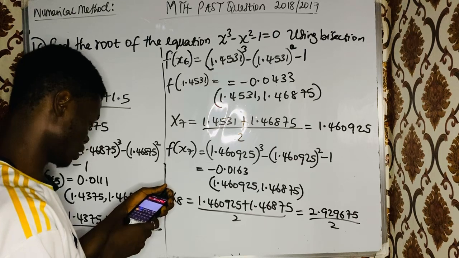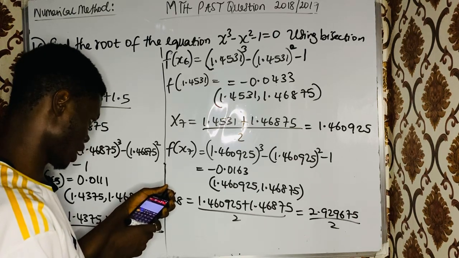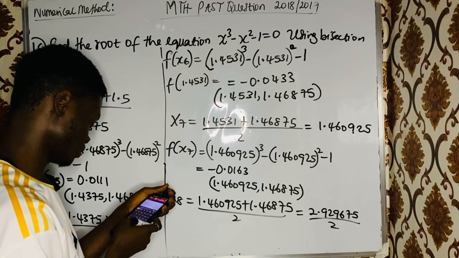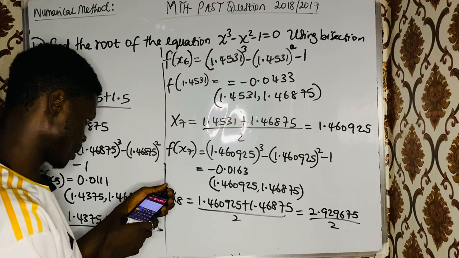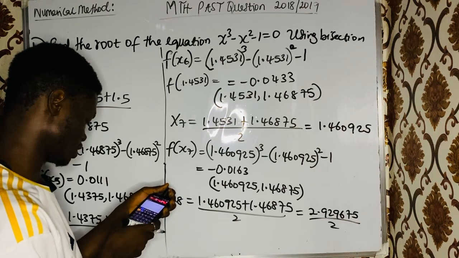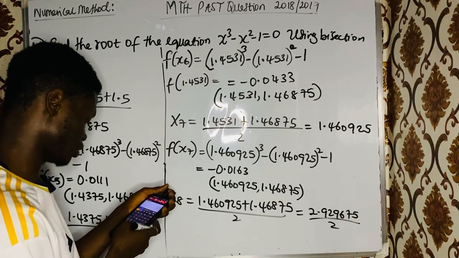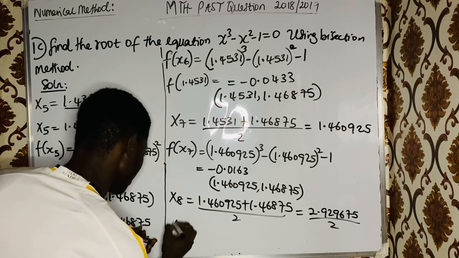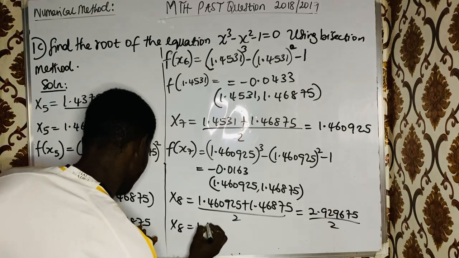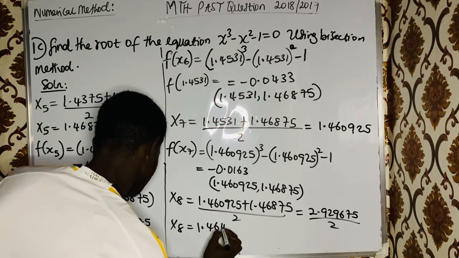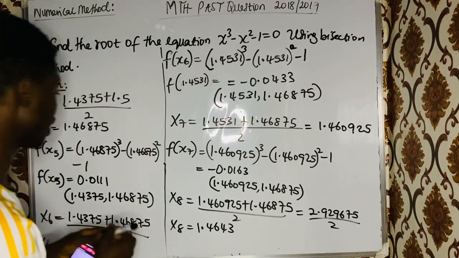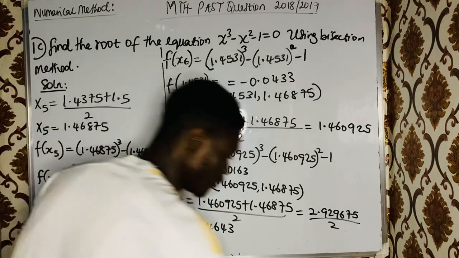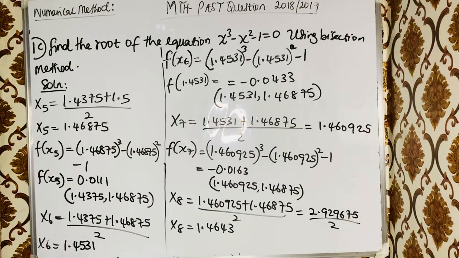So 2.929675 divided by 2 will give you what? Our x8 will be 1.4643 approximately. So now we are going to look for f of x8. So let me clean this side.